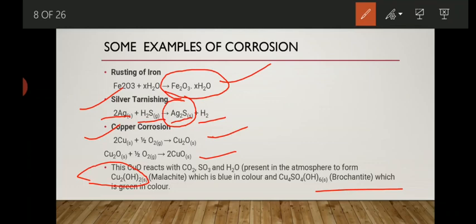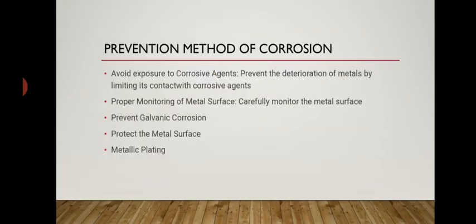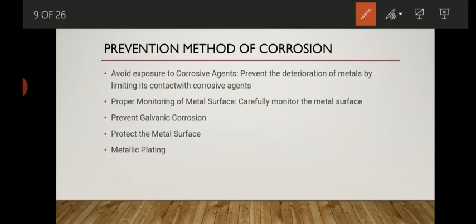Now let's discuss the prevention methods of corrosion. How will we prevent any metal from corrosion? The first method is to avoid exposure to corrosive agents. That is, you avoid the contact of the metal with corrosive agents by which corrosion takes place. Prevent the deterioration of metal by limiting its contact with corrosive agents. How will we do it?